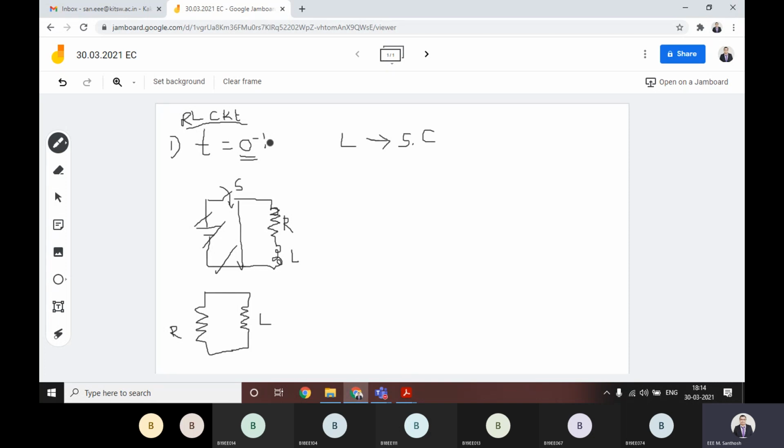Then you have to find the value of the inductor current, that is, you measure this current as I of 0 minus. At 0 minus, how much current is flowing in that circuit, you have to find.